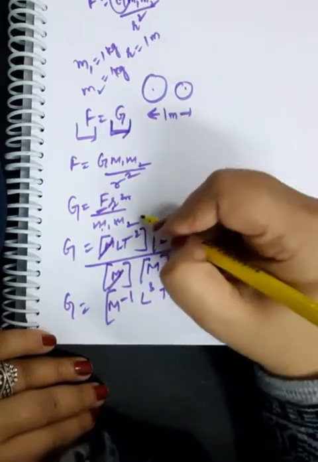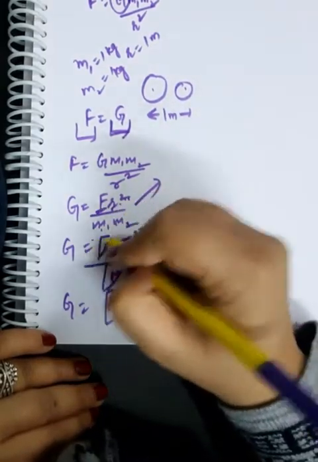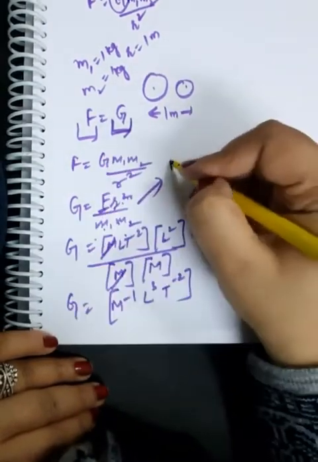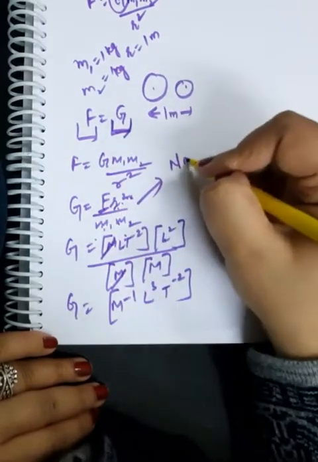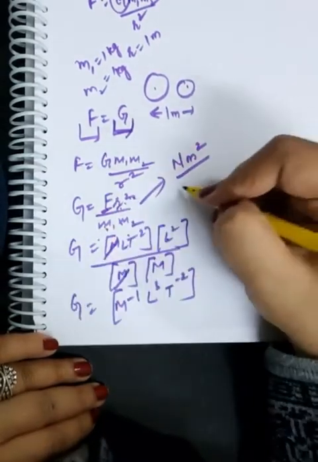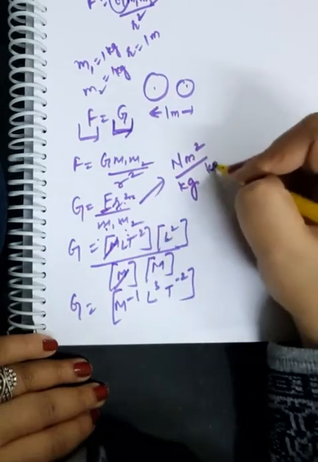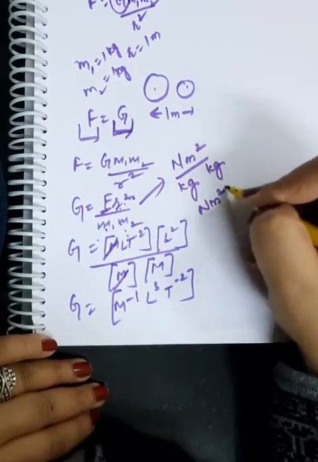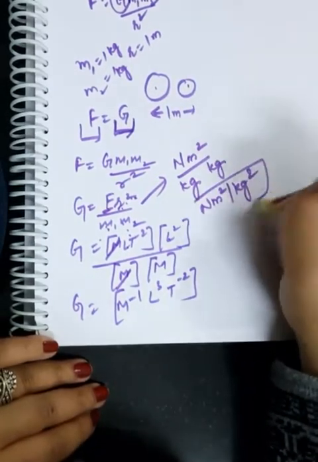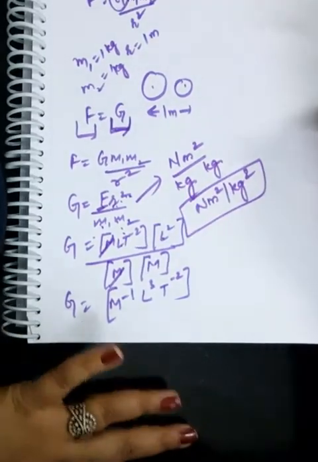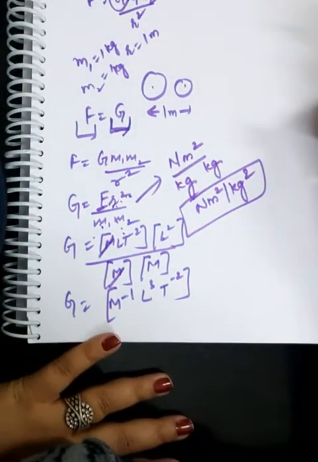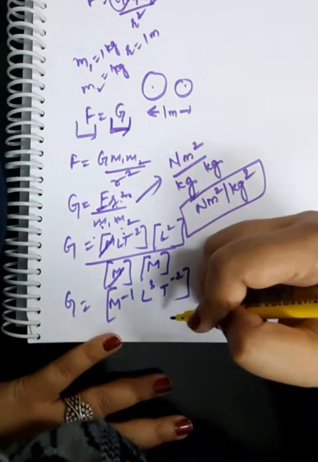Let's look at its units. This is F r square upon m1 m2. F is measured in newtons, r square is measured in meter square, m1 is measured in kg, m2 is measured in kg. So newton meter square per kg square. These are the units of the universal constant of gravitation, right? And this is its dimensional formula.